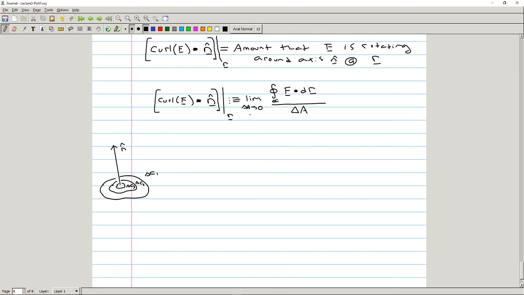At the limit of, in some sense, the average circulation over the area delta A, this limit as delta A goes to 0 is the total amount of curl at that point, the amount of rotation at that point. In this case, this is right here the point r.